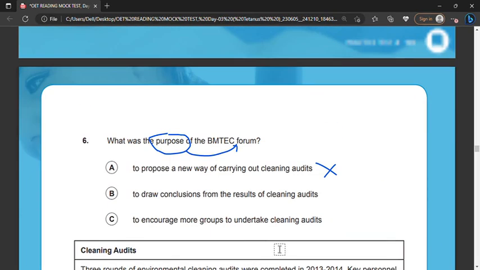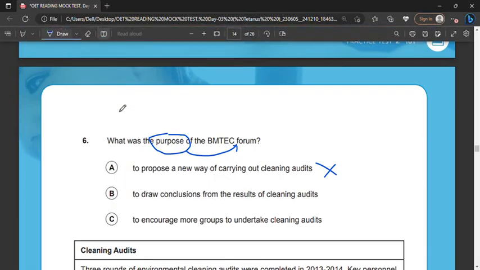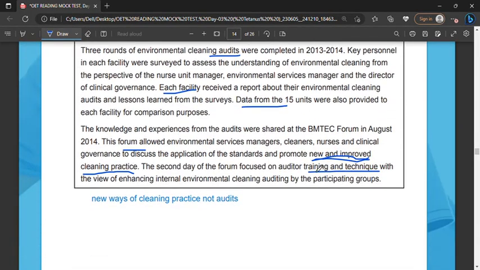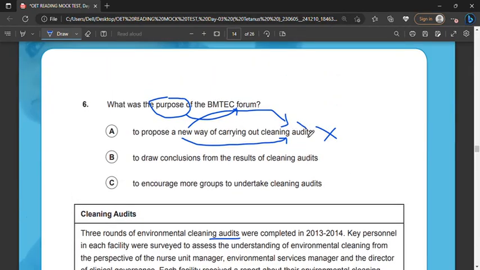But in answer option A, they are talking about new ways of cleaning audits. So that's why this is not the answer.